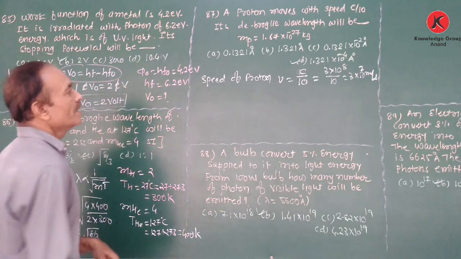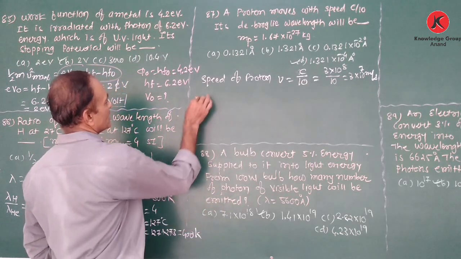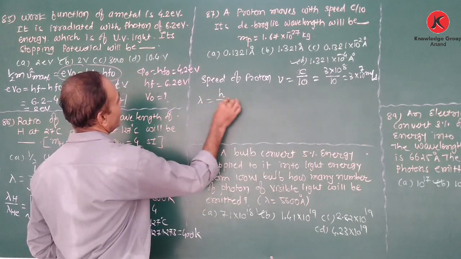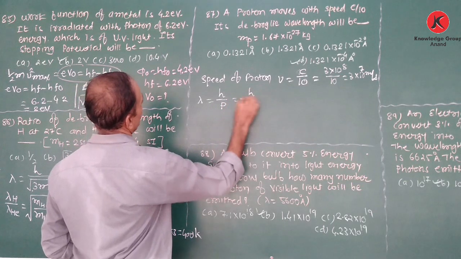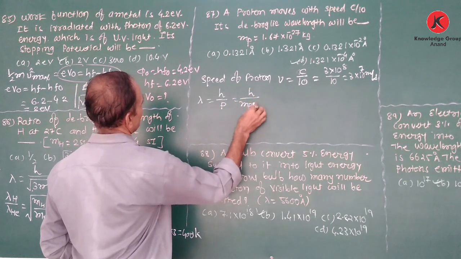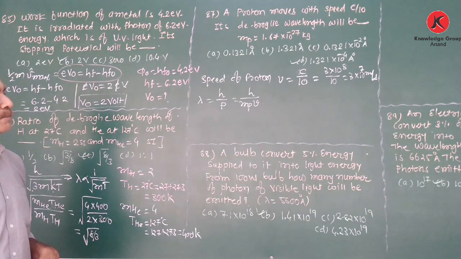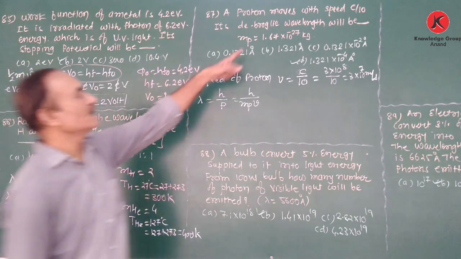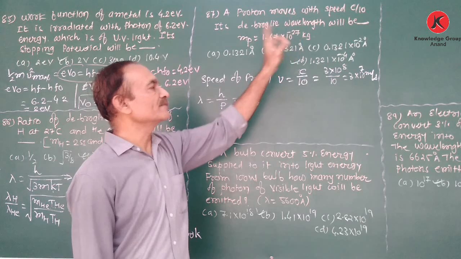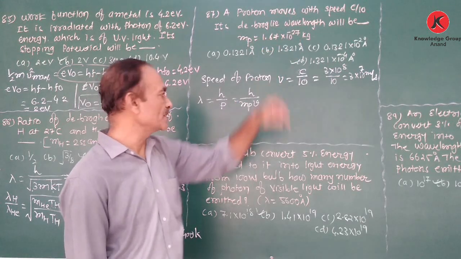Now, we require the de Broglie wavelength. Lambda is equal to h upon p, which is equal to h upon mp into v. mp, the mass of proton, is given as 1.67 into 10 to the minus 27 kg.